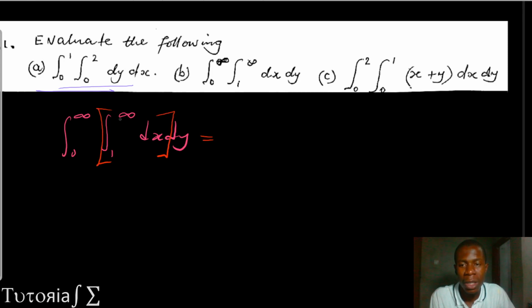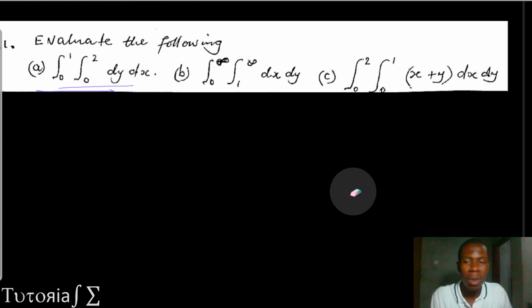The outside will remain from 0 to infinity, and the inside, this is 1, so that will be x. And now we have the limits 1 to infinity, then dy. All right, so that is basically how you are supposed to do question B. Very simple and straightforward.